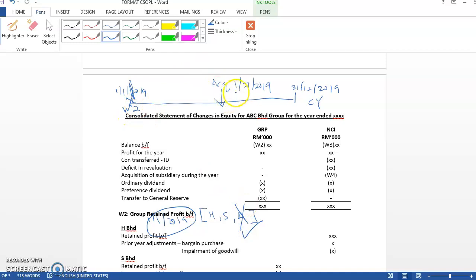Because it has been acquired on 1st July. So not necessary you will have the associate in your working number 2. But if the associate was acquired earlier on, then in working number 2 you will have to add your associate amount. Alright? Okay, that's all for your associate in the CSoPL.